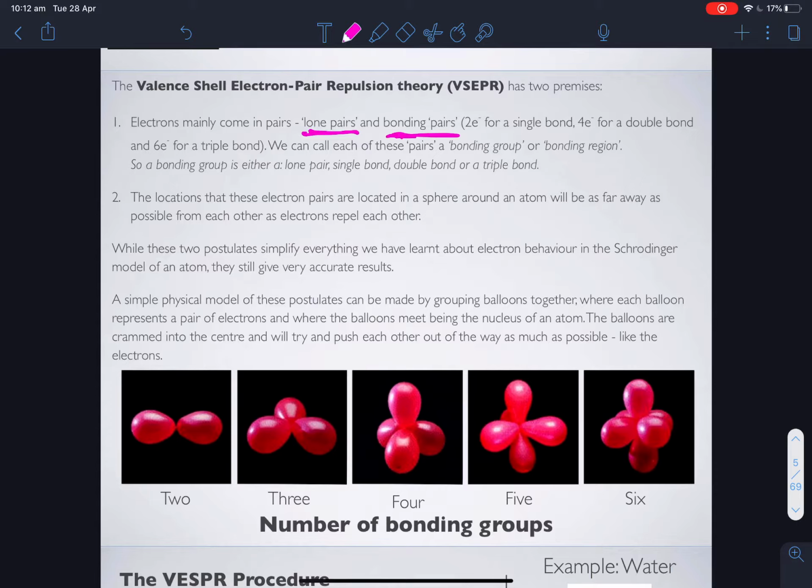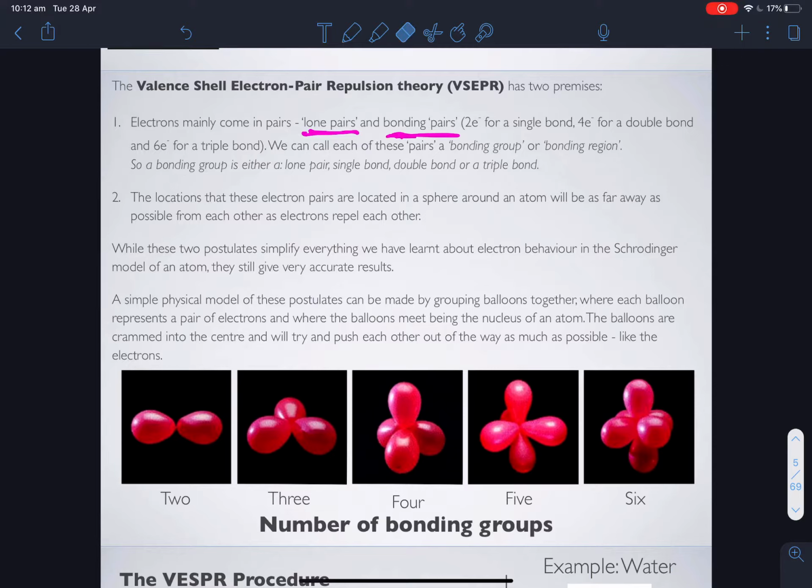So the second premise is the locations of these electron pairs are in a sphere around an atom, and because they have the same charge, a negative charge, they'll want to be as far away from each other as possible, because electrons repel each other. So we're considering a 3-dimensional sphere, and these electron pairs will want to repel each other and get away from each other as much as possible around that sphere.